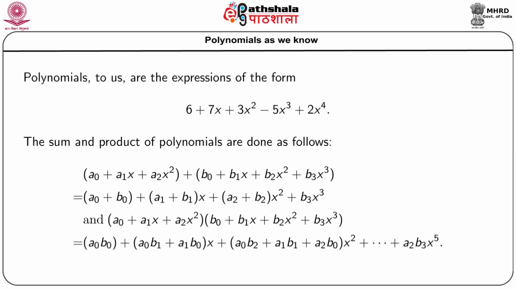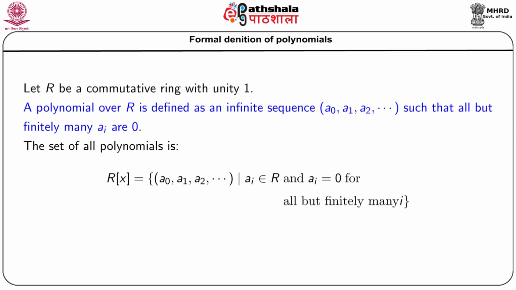The sum of 2 polynomials is done by summing the respective coefficients, that is we add a0 and b0 to get the constant term, and to get the coefficient of x we add the coefficient a1 of the first polynomial and the coefficient b1 of the second polynomial and so on. And to define the product of 2 polynomials we take only the coefficients into consideration.